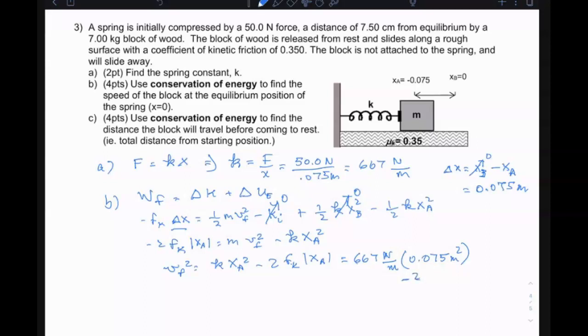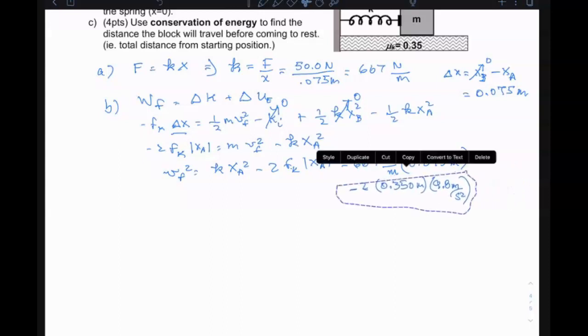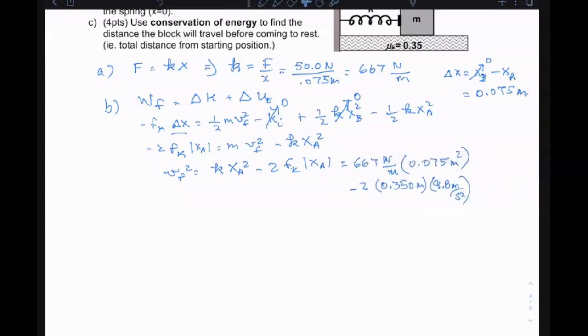The friction force is equal to mu sub k, which is 0.350, times g. I see I haven't allowed enough room here. Times delta x.